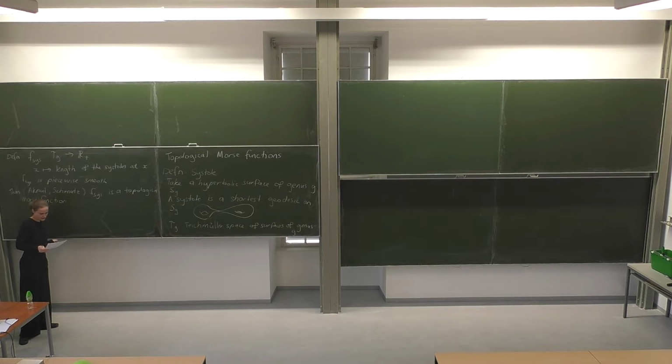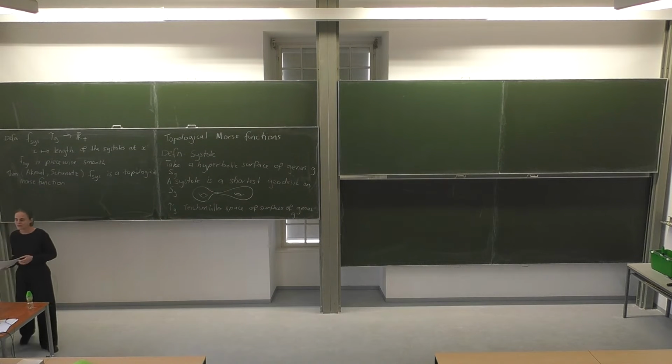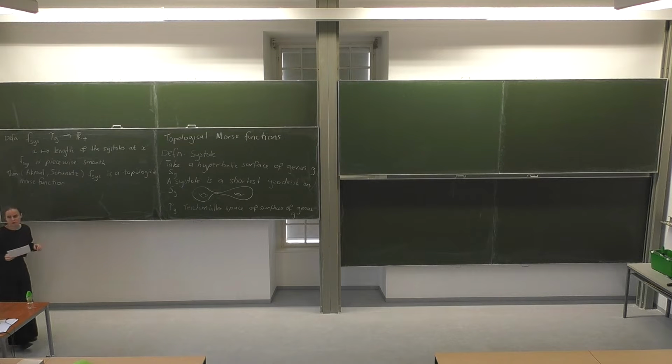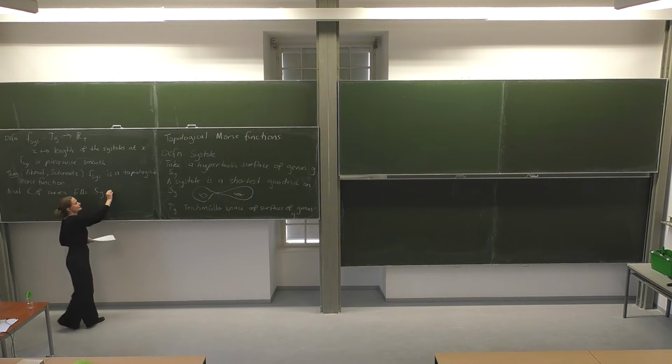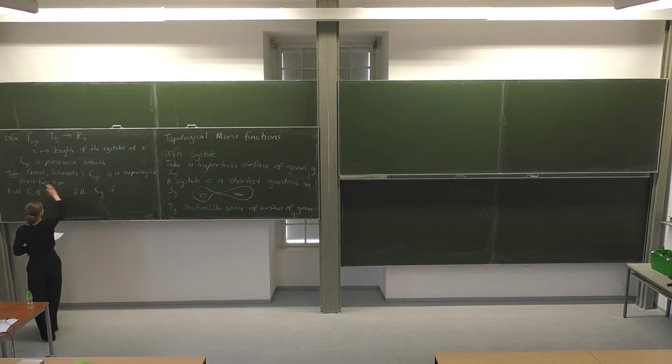Okay, so what do we know about the critical points of the systole function? Well, we know where they're not. We say that a set C of curves fills S_G if, well, let's say geodesics. I'll confuse curves with geodesics when convenient.